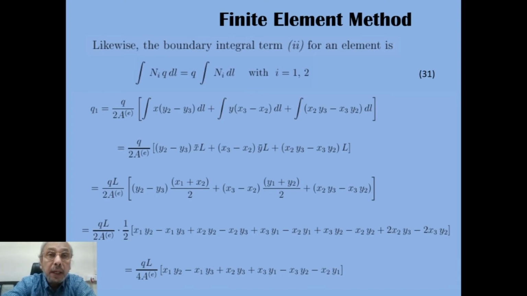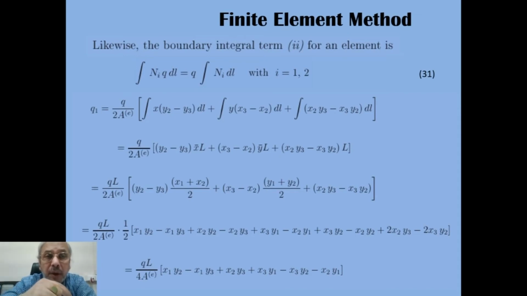If you look at the way we described the grid topology, the triangular elements cover everywhere in the domain, but at the boundary, line segments of the triangular elements fall on the boundary.